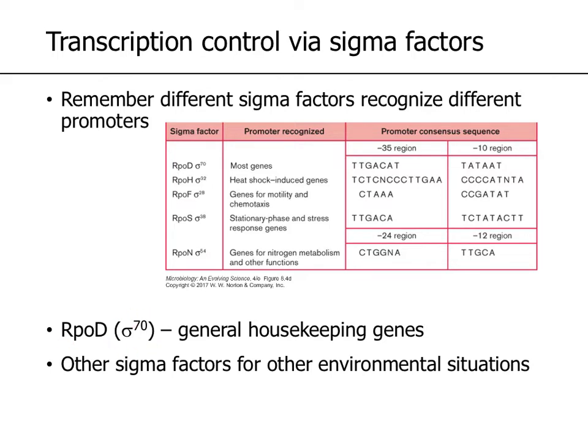RpoD, so sigma 70, is the one that does all the general housekeeping genes, the most common ones that are on all the time. But the other sigma factors are for other environmental situations, and so they're only around when the cell is experiencing a certain condition in the environment.